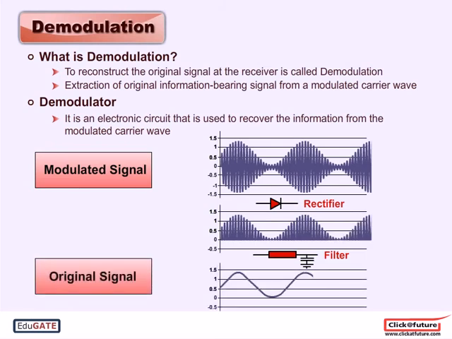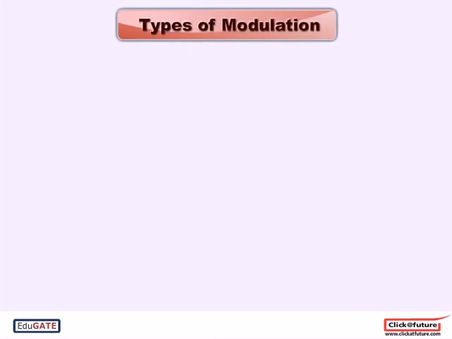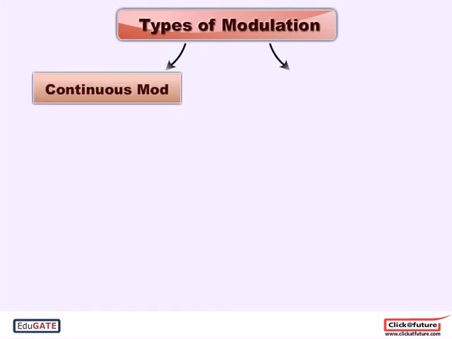Now let's see the second type of modulation, that is, pulse modulation. It is divided into two parts, that is, analog pulse modulation and digital pulse modulation. Analog pulse modulation is again divided into pulse amplitude modulation PAM and pulse time modulation PTM.